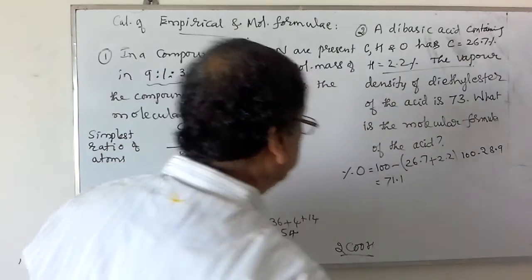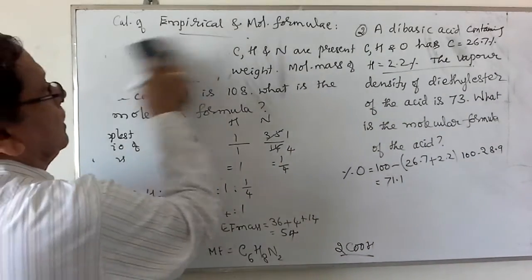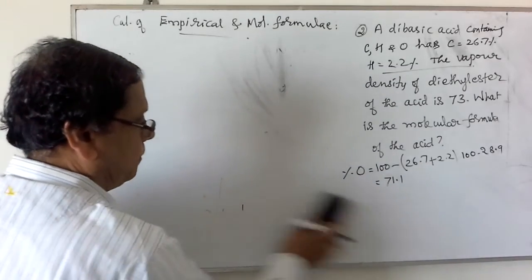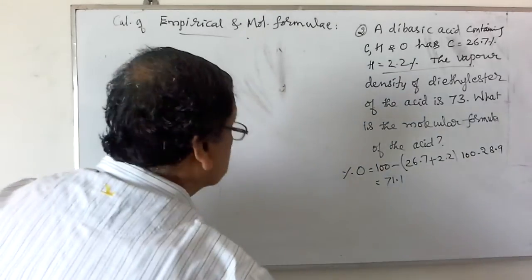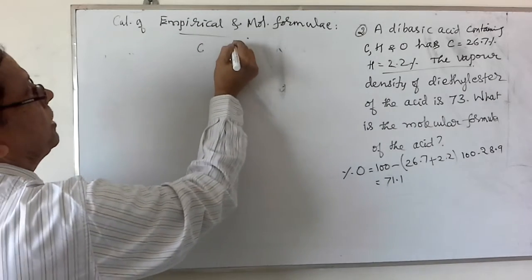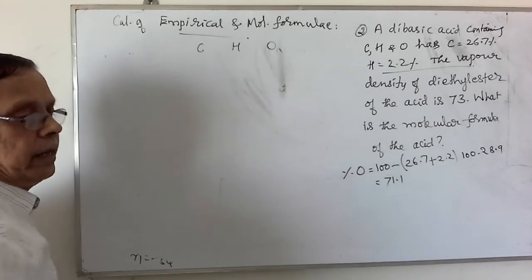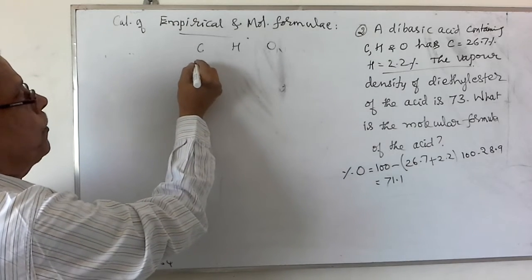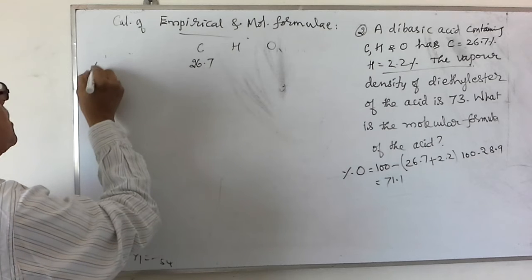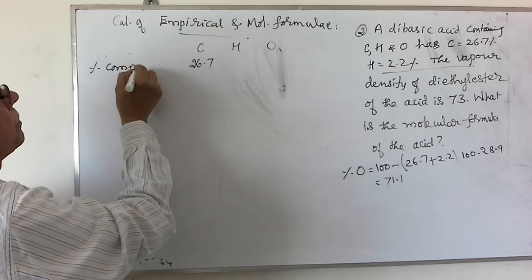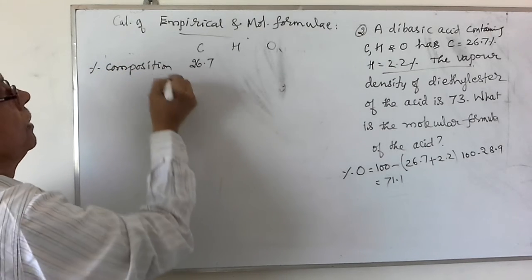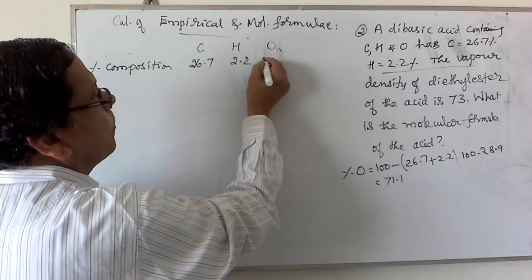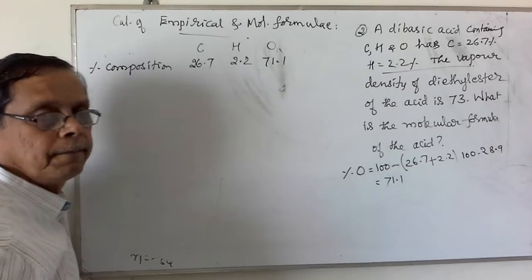Therefore, as usual, you calculate the empirical formula for the dibasic acid using this table: carbon, hydrogen and oxygen. Carbon is 26.7 percentage composition, hydrogen is 2.2, and the remaining is 71.1 for oxygen.